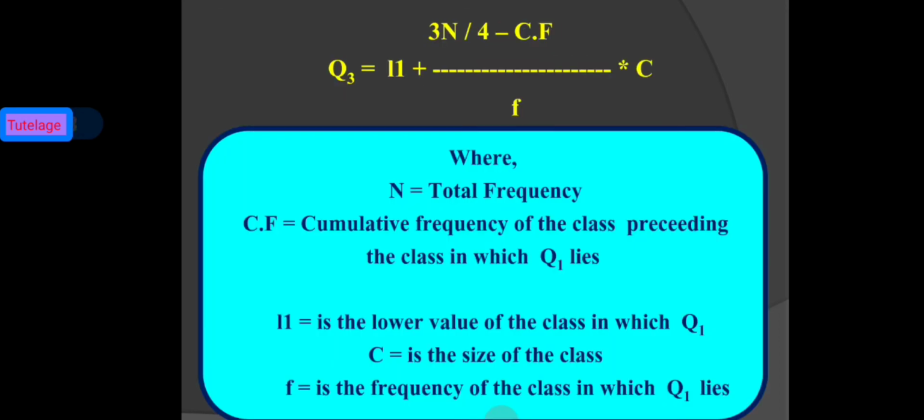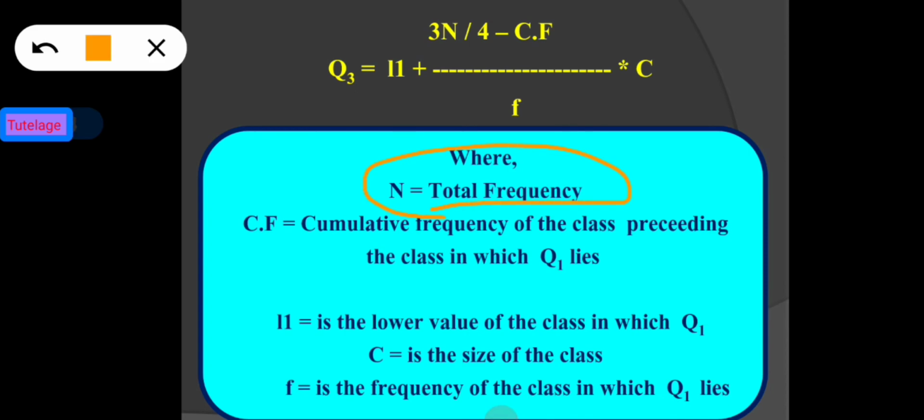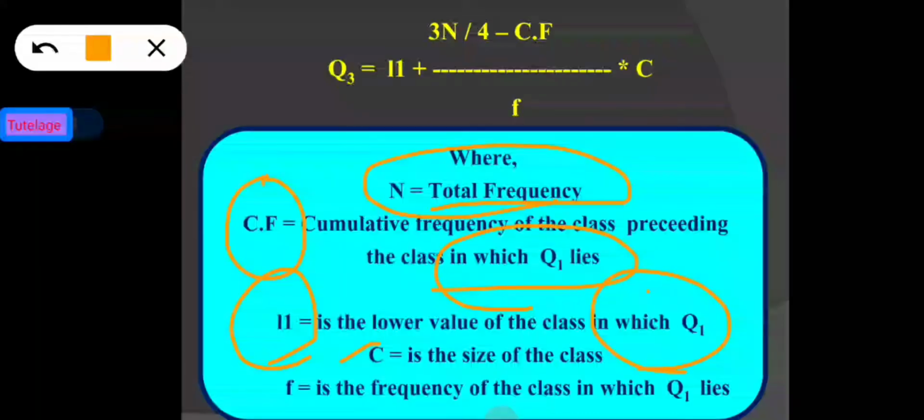Okay, so n is the total frequency, CF means cumulative frequency of the class preceding the class in which Q1 lies. L1 means lower class boundary of the class in which Q1 lies. C means class size of the class, and F means frequency of the class in which Q1 lies.